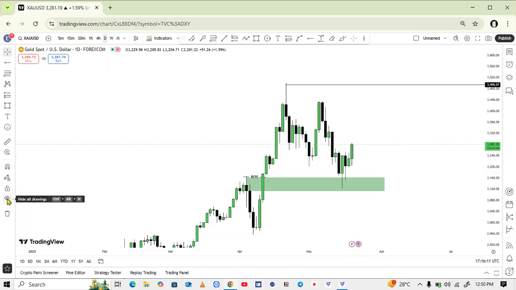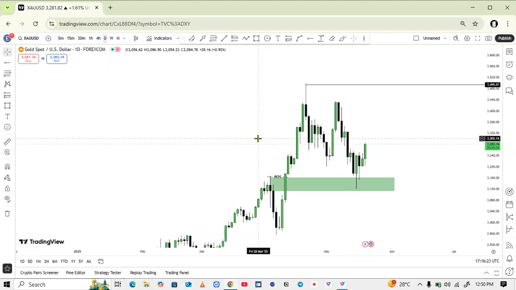Liquidity is simply money, where money is resting. That is what liquidity is. And now we are going to go down to the 4-hour time frame to see how the market behaved and know how to take trades using our entry strategies.